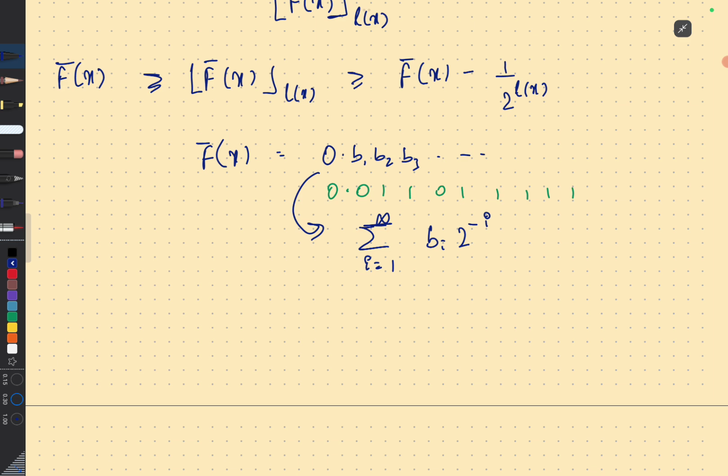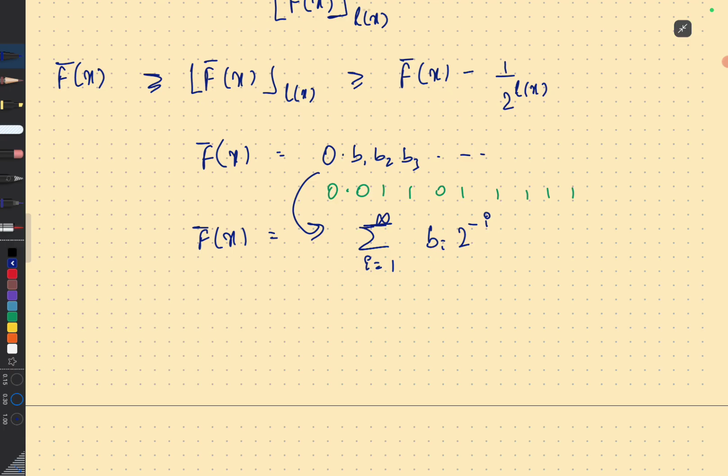So if the binary representation of this particular number is 0.b1, b2, b3, and so on, then the number f bar of x is going to be exactly equal to summation i equal to 1 to infinity b_i 2 to the power minus i. Do you at least agree with this, right?